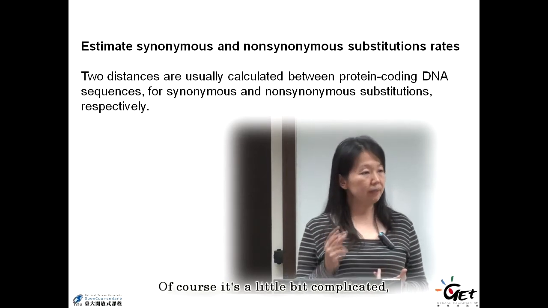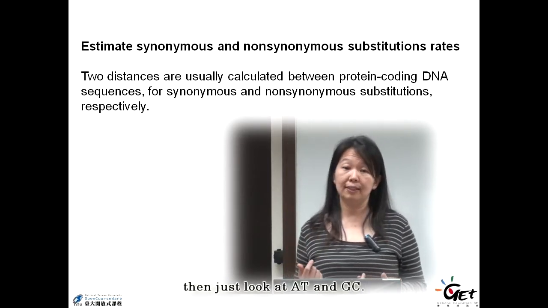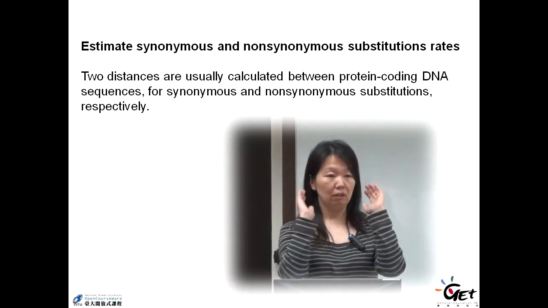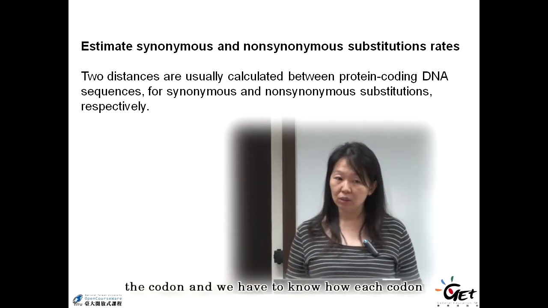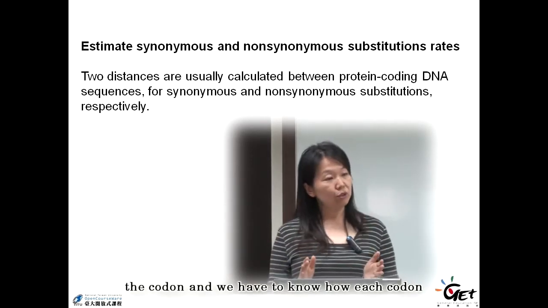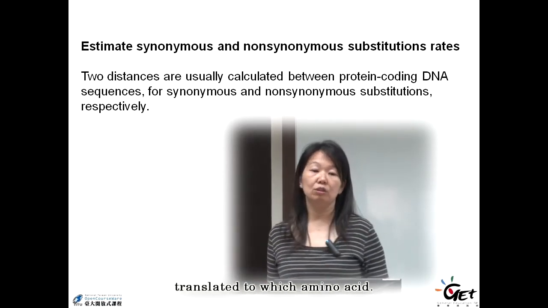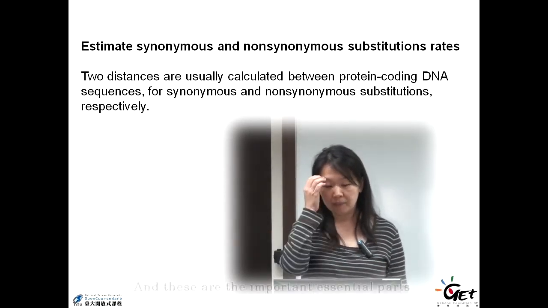Of course, it's a little more complicated than just looking at A, T, G, and C, right? Because now we have to look at the DNA sequence, and we have to know the codons, and also we have to know how each codon is translated to which amino acid.